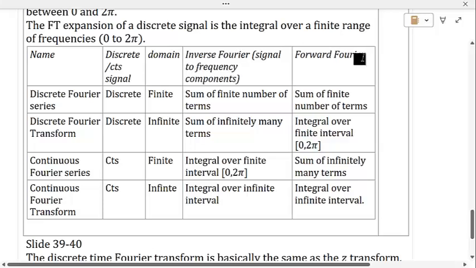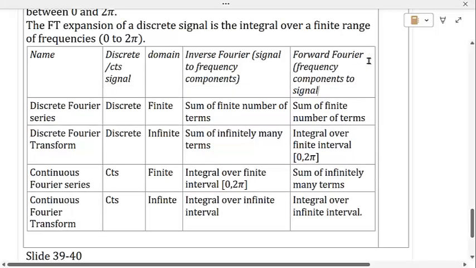Okay. And then the inverse Fourier goes from the frequency components to the signal. Okay. All right. So there are 2 ways to go. You can go from frequency components to signal. So to compute the inverse Fourier transform, you take a sum of a finite number of terms, and to get from the frequency components to the signal, it's still a sum of a finite number of terms.